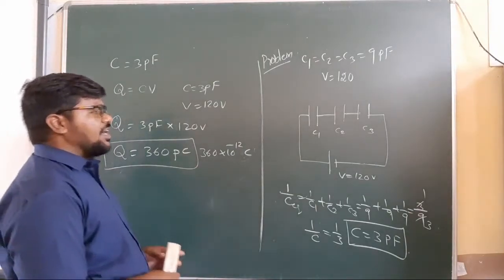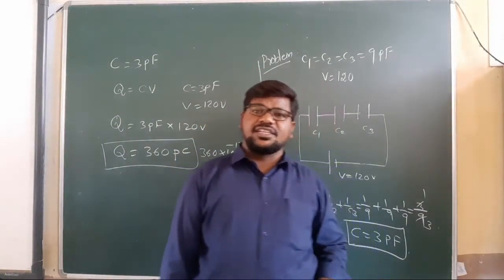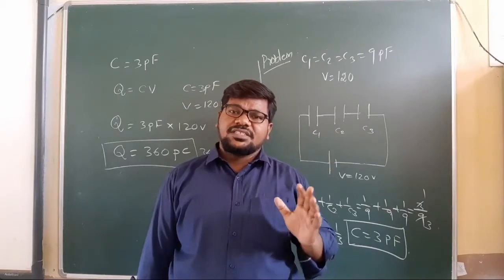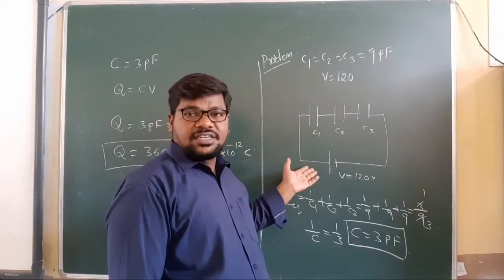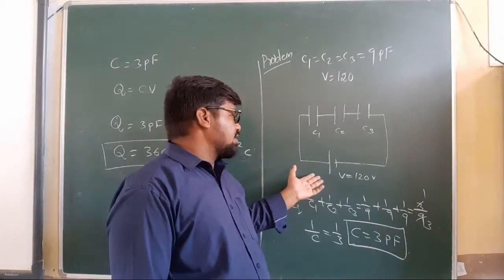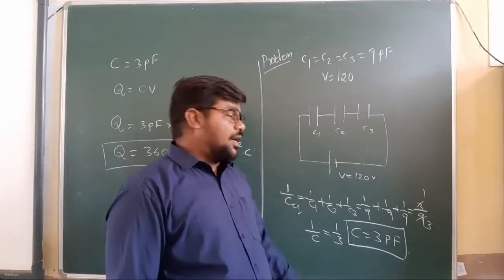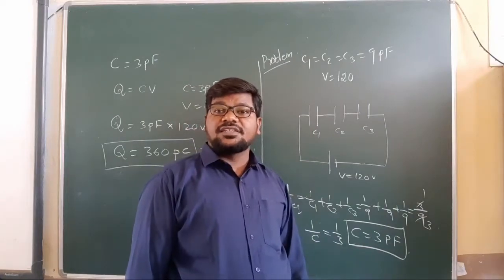So individually, at C1, at C2, at C3, how much charge is there? In this series connection, the same charge passes through C1, C2, C3. Clear? But the potential difference is different.